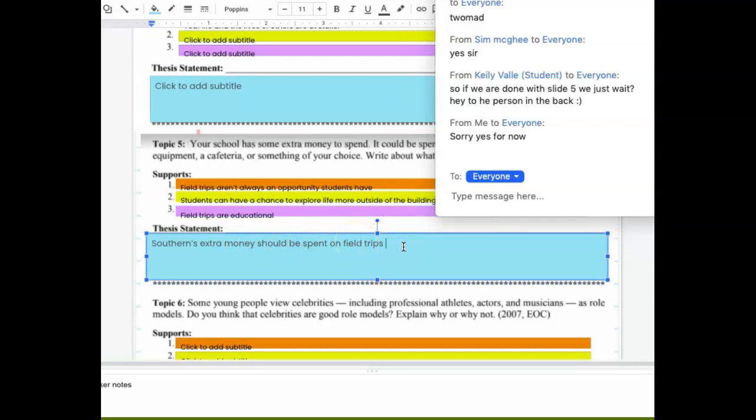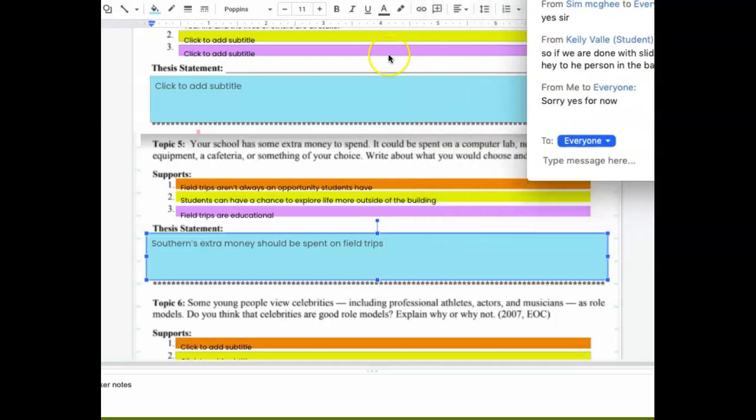Yeah. Okay, so what am I going to do now, if I'm writing these as a thesis statement? Add all 3 of them together.